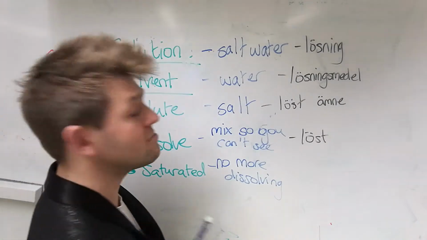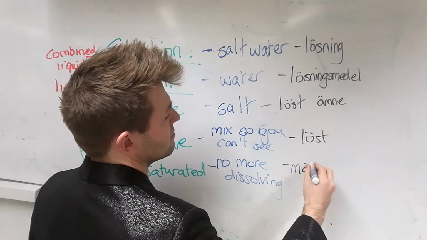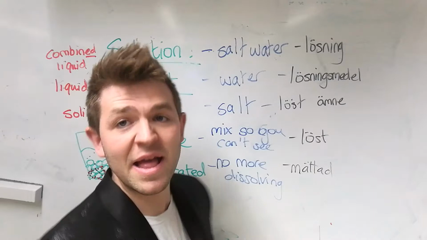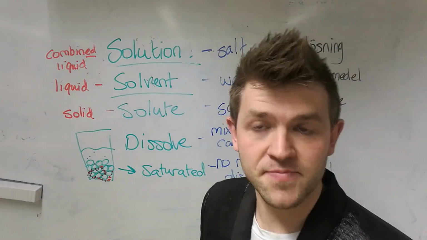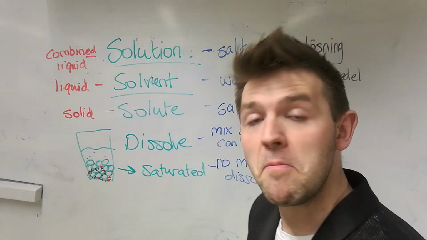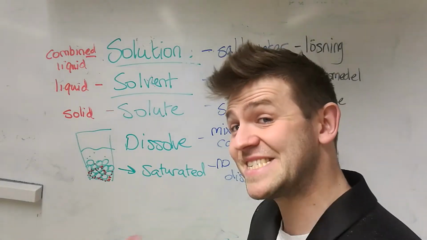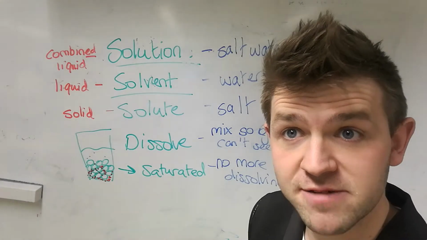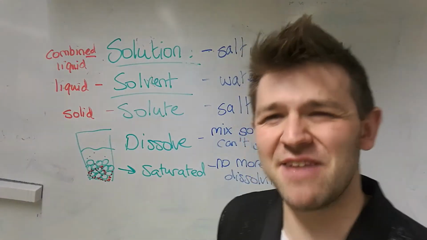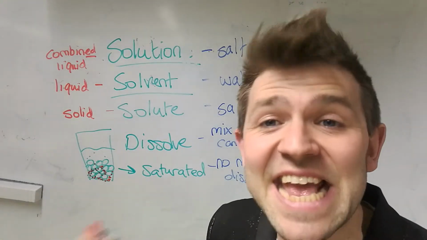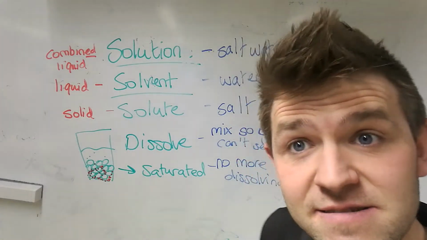Has a Swedish word too. We can say something is mättad. We use the same if we talk about fat. Fat, you'll learn about when you go to högstadiet, can also be saturated or not saturated. It's about if every space is taken. If there's no more space in there to take anything, it is saturated.